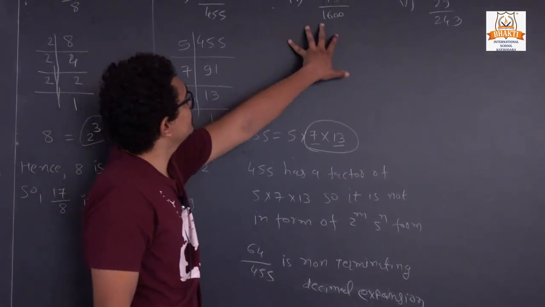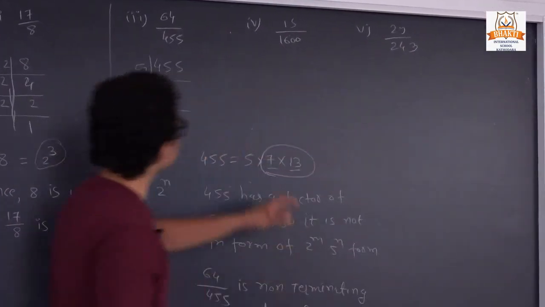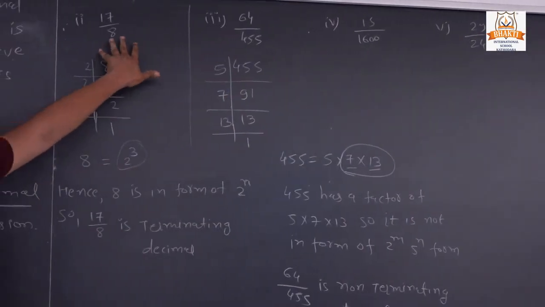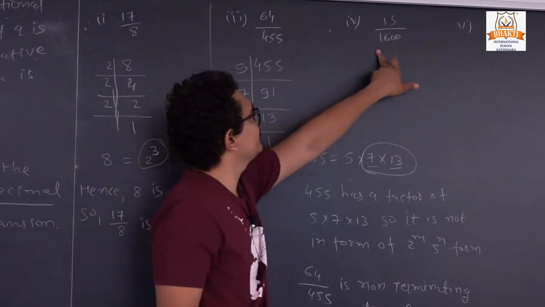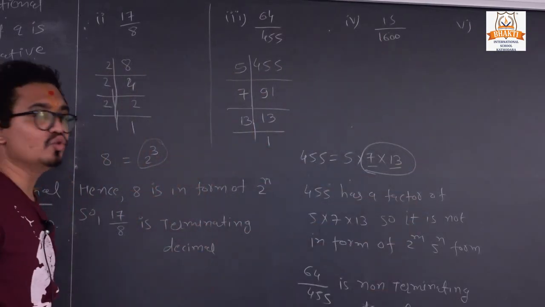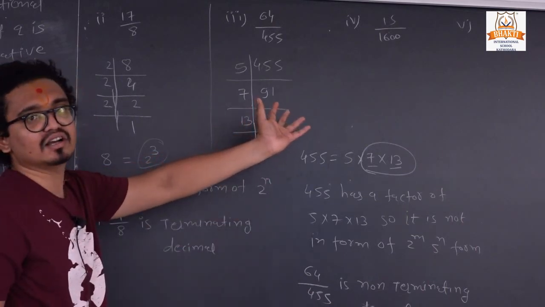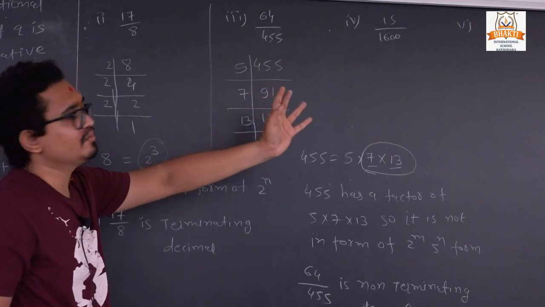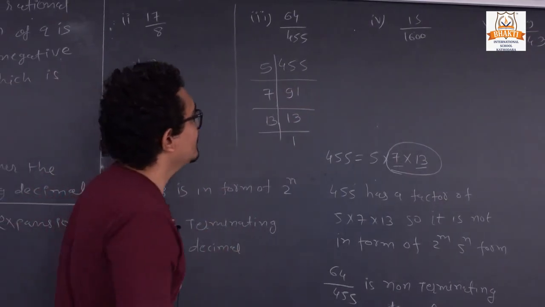So last, fourth and fifth will be same. In questions number fourth and fifth, you clearly see that first of all you need to find the factor of its denominator term. So if the factor is in the form 2 raised to m into 5 raised to n, we can convert that number into the decimal expansion form, and if it is not, it is a non-terminating decimal expansion.